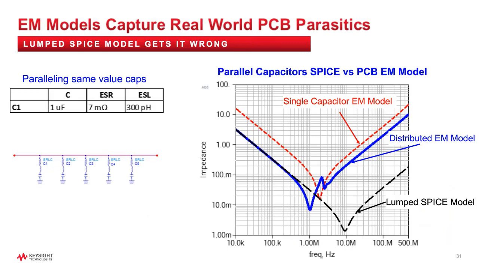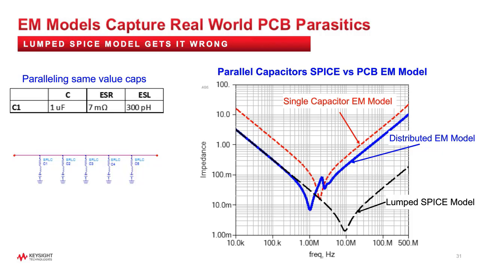Here we have the results of simulating 5 1 microfarad capacitors in parallel and comparing the results of the SPICE simulation of the schematic versus a simulation that includes the printed circuit board EM model. For reference, the single 1 microfarad capacitor impedance is shown in red.